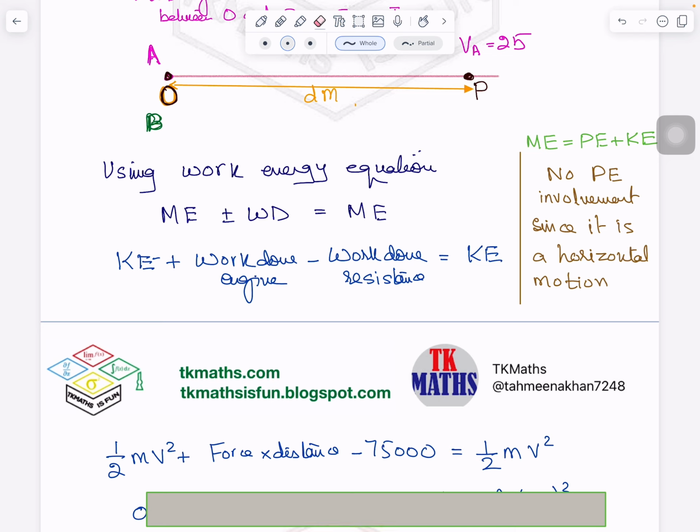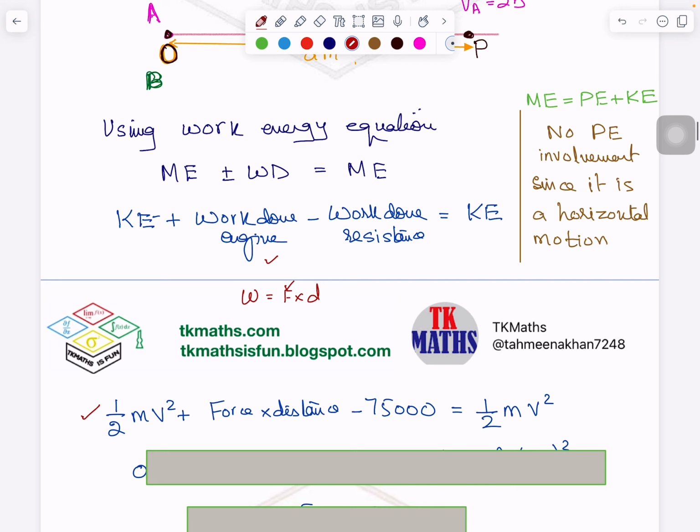Kinetic energy is half mv squared, you can see here. And work done by the engine, we know work done is what? Force into distance. Distance is d and force is given to you in the question, which I have written here. And work done against resistance is given to you also, 75,000, right?